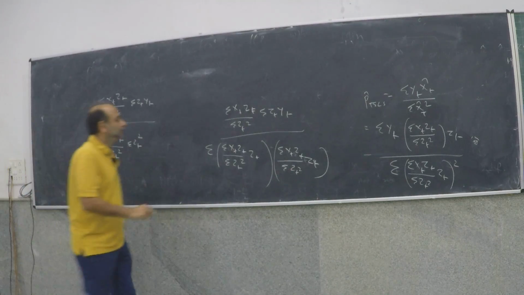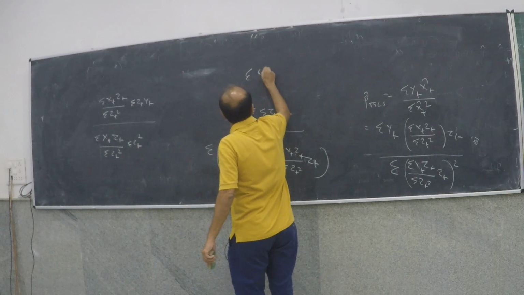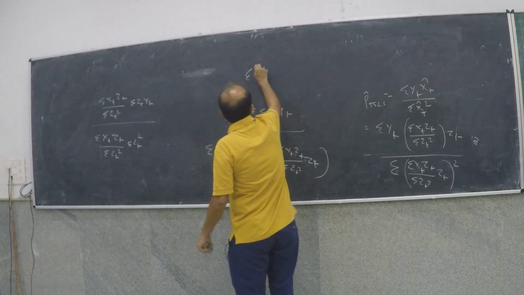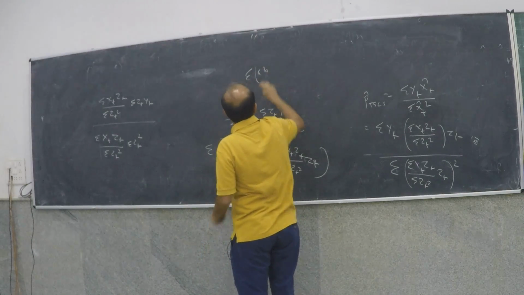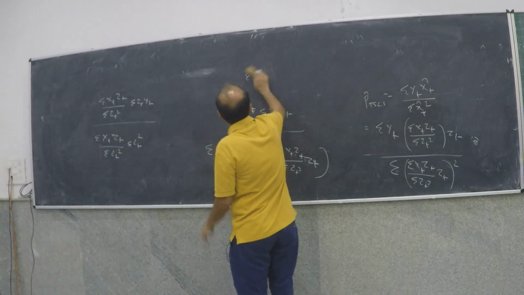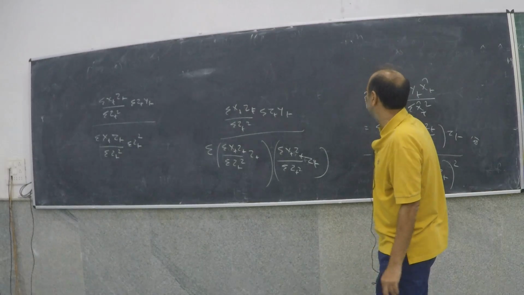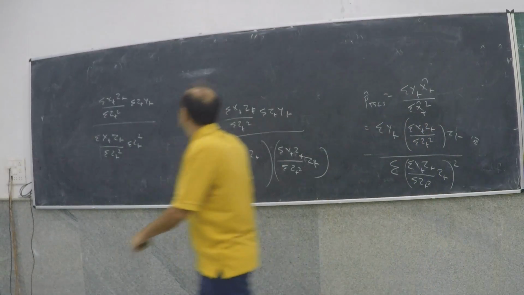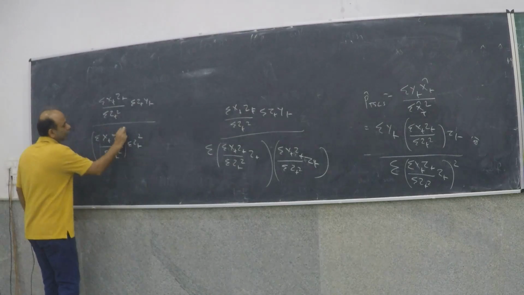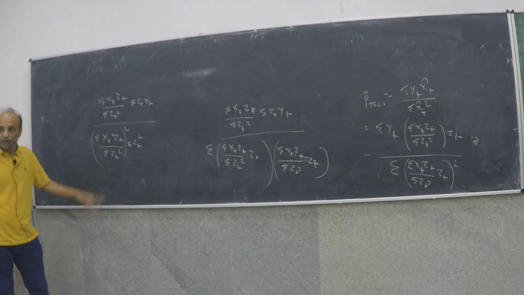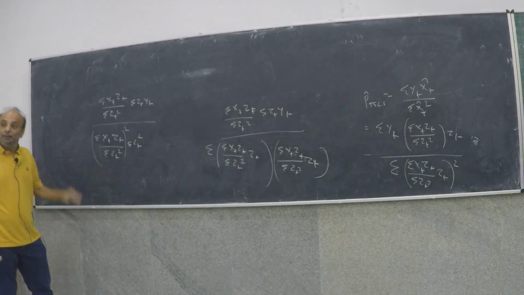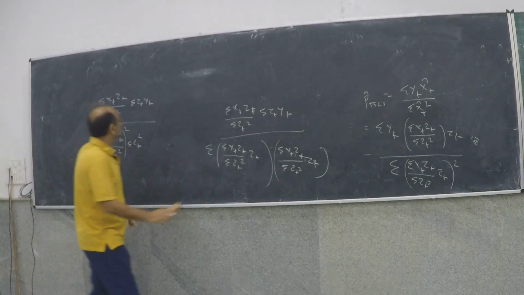See, what is this? This is summation AB, right? So if you have, you can take summation xtzt into zt, and summation xtzt, so you will really have summation xtzt square into summation zt square. But then you can cut them. You can cut one of them, right? So what will you get?